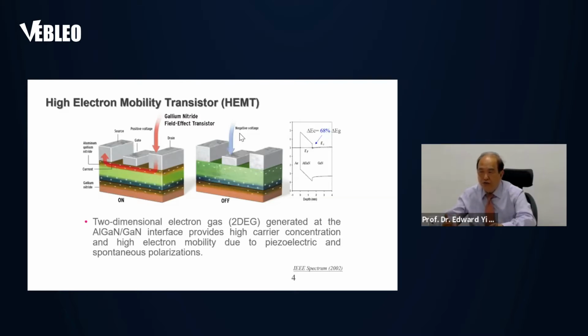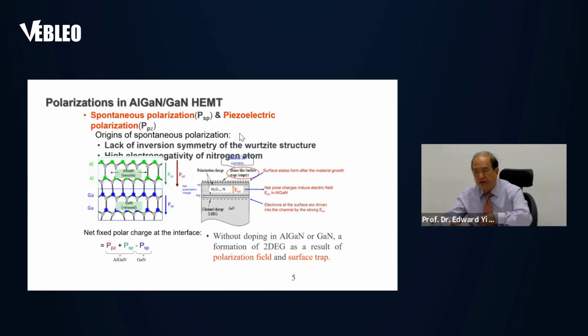And its direction drifts the electrons to the 2DEG, which enables electrons to move in the 2DEG with very high mobility, and that forms a very high current transistor.